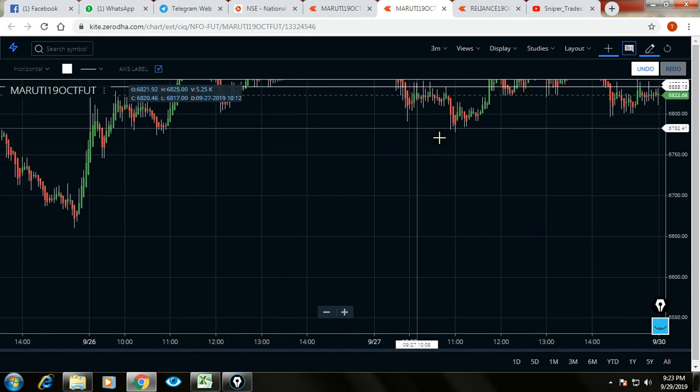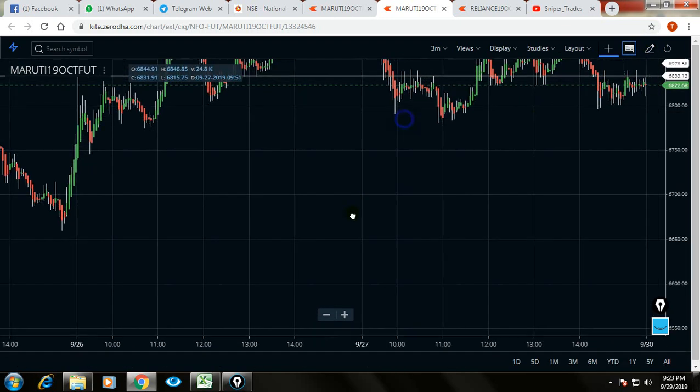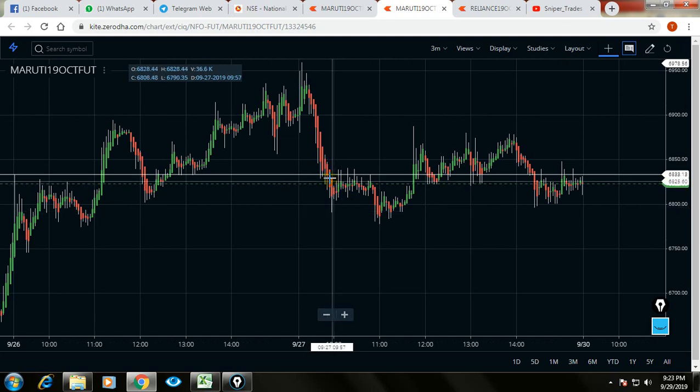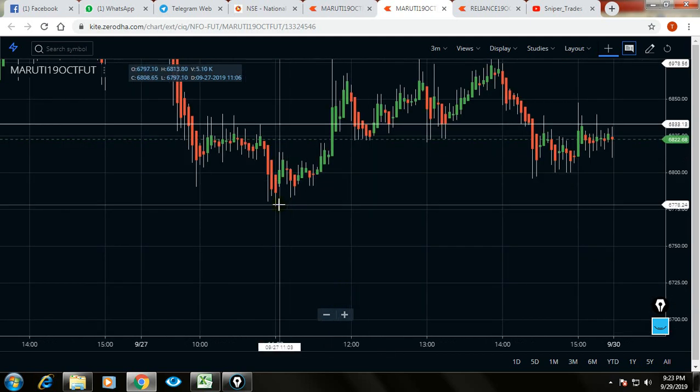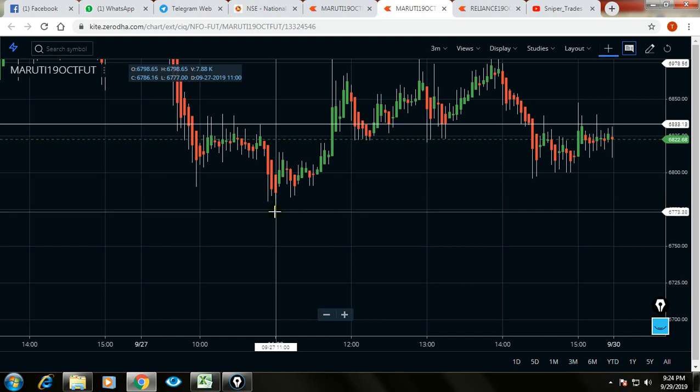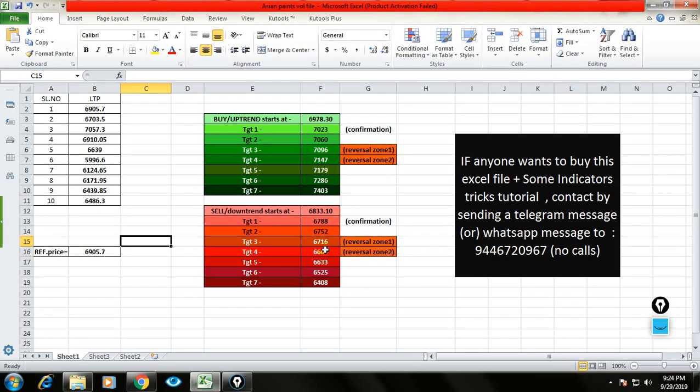See, after breaking this support level, the price has managed to come downwards and made a low of 6777. So let's go to the Excel file and see how many targets are achieved. 6777 is the low made. Okay, so target 1 is achieved.